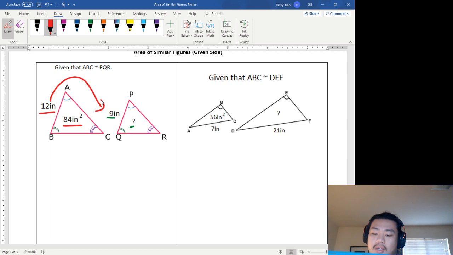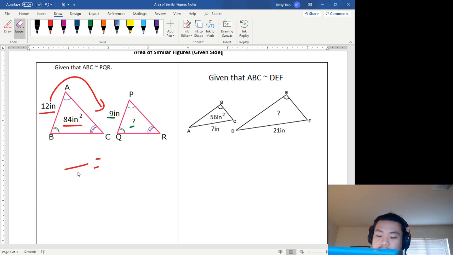Okay. So how to get from 12 to 9? It's going to be 12 over 9. Oh, sorry, it's going to be the other way. From 12 to 9, it actually has to be 9 over 12.